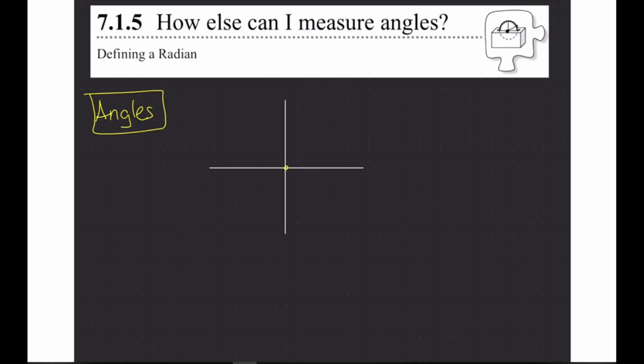If we go down the x-axis, that is called our initial side. In other words, it's where we start our angle. And then we're going to end our angle someplace. Just for the fun of it, I'm going to make one up, and we're going to go to right here.